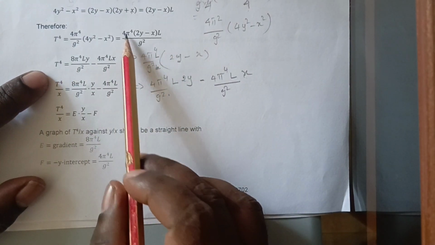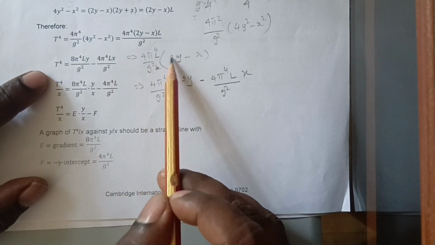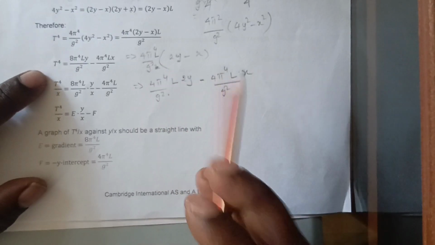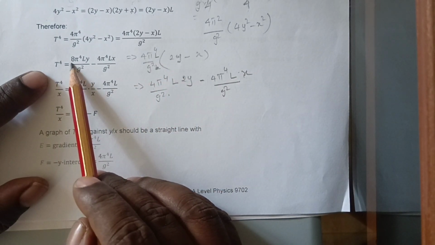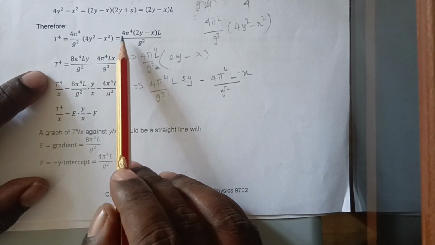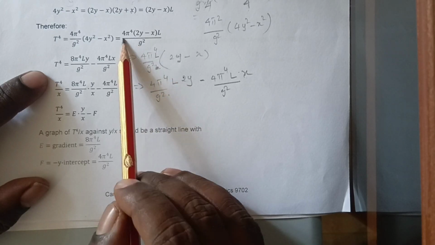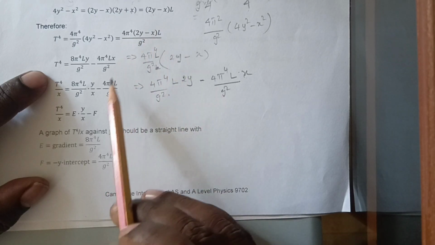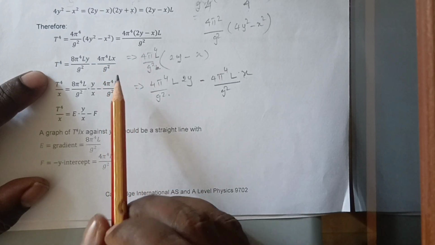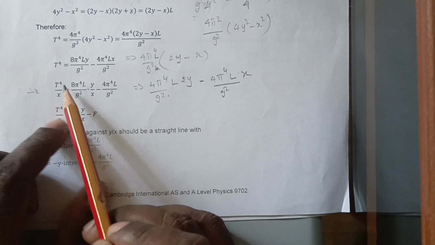Then from this equation you can multiply this one. So 4π² g², you multiply with 2: 4 into 2 is 8, 8y, so that is 8π⁴ L y by g². And also you multiply 4π² g² into x, and you will get 4π⁴ L x by g².